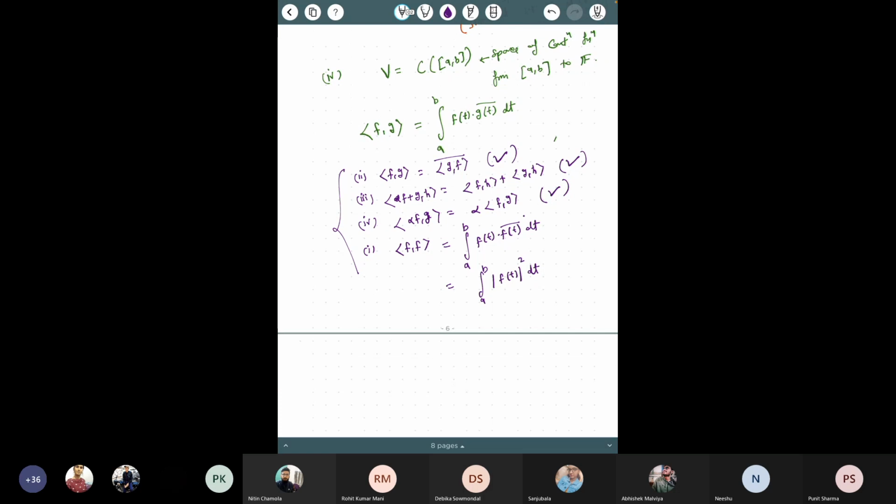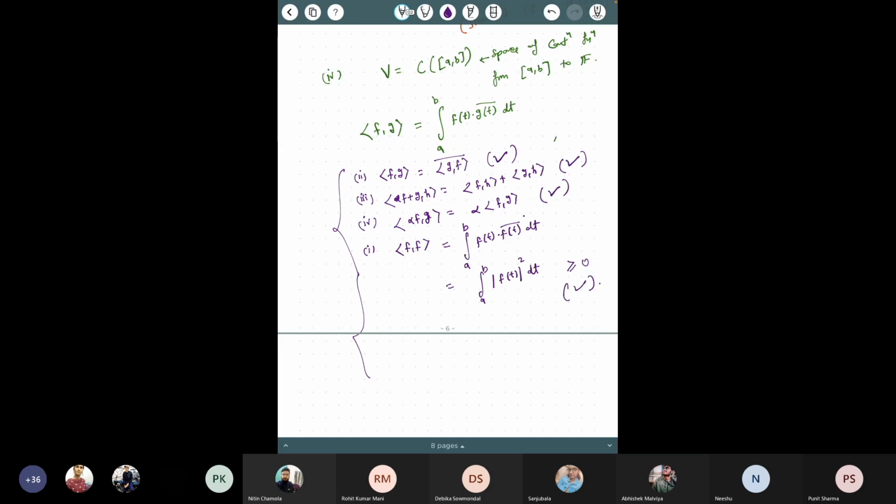So can you say that the value of the integral is always greater than or equal to 0? Yes. So the non-negativity is fine.